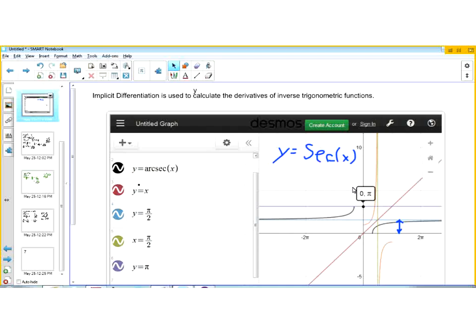I may not have the right depiction of the secant function. Look it up in a text here. Let me see what the trig book says. Yeah, I can never remember these.